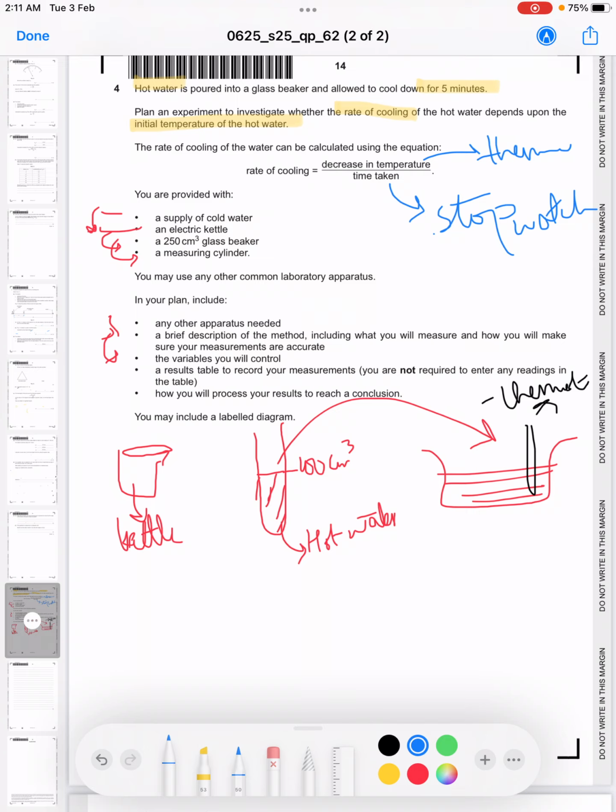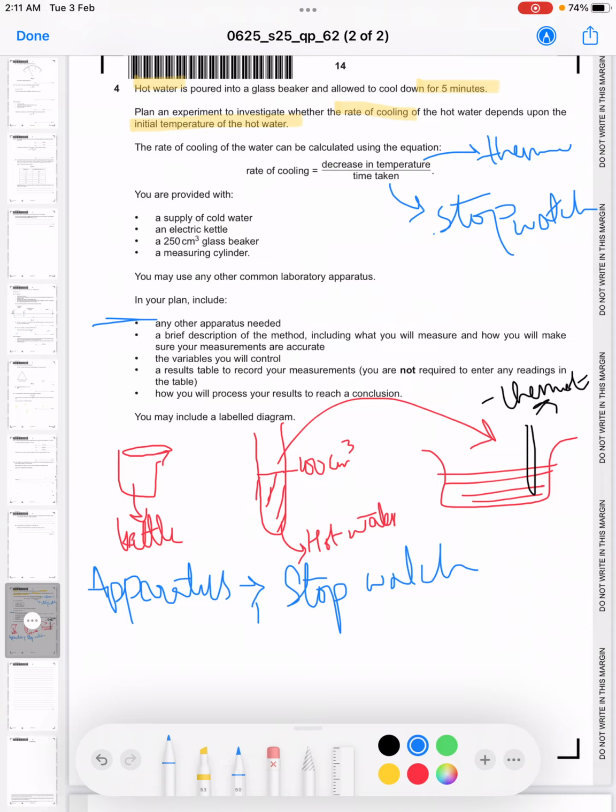Okay, so if we check from this one, thermometer and stopwatch I explained. Which other apparatus are needed? So the apparatus must be a stopwatch for measuring time, and a thermometer for measuring the temperature of the hot water, right?